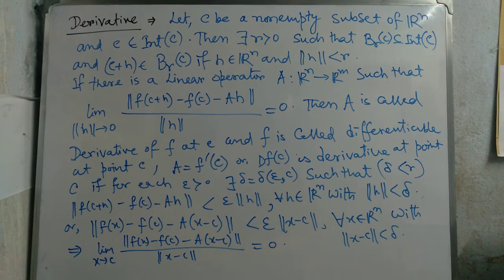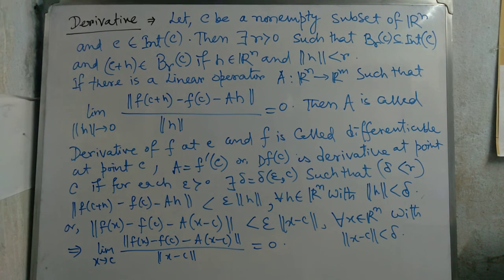Obviously if f is linear, then the derivative f'(c)u is equal to f(u). That means the directional derivative at point c in the direction u is f(u) if f is linear.